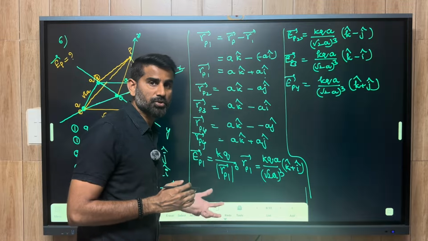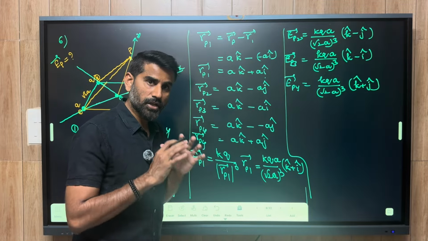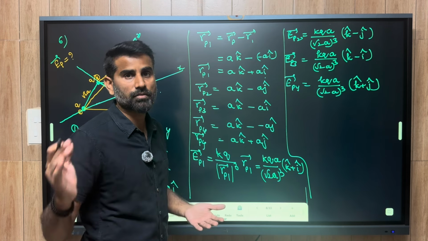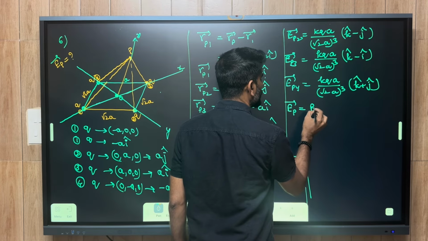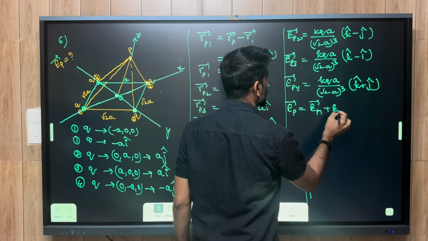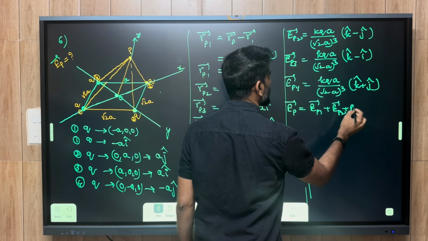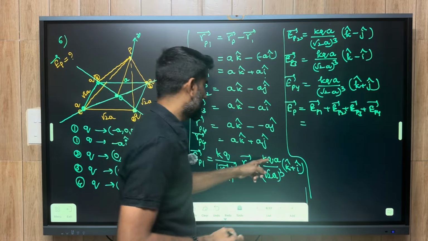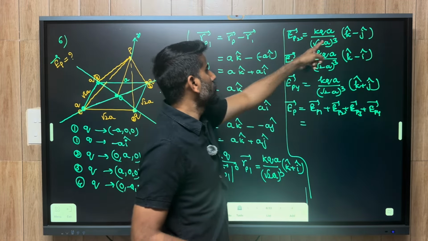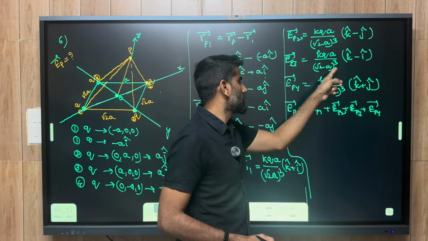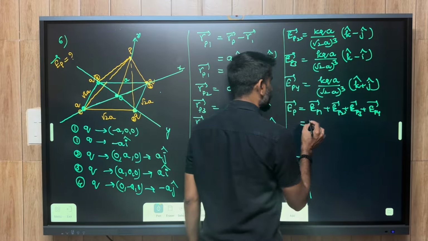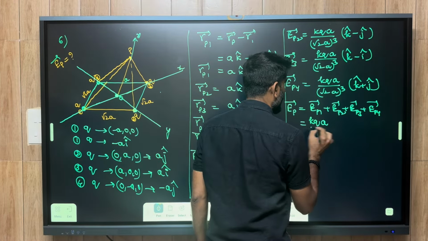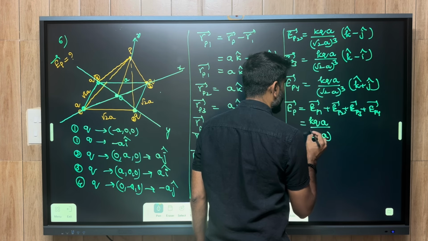Okay, so to find the net electric field at point P, we use the superposition principle. As we have already learned, according to the superposition principle, the net or resultant electric field is the vector sum of the individual fields. So I am doing the same here. The electric field at point P is equal to ep1 plus ep2 plus ep3 plus ep4. All the terms are common in all the electric field equations, so I am taking kqa by root 2a whole cube common.